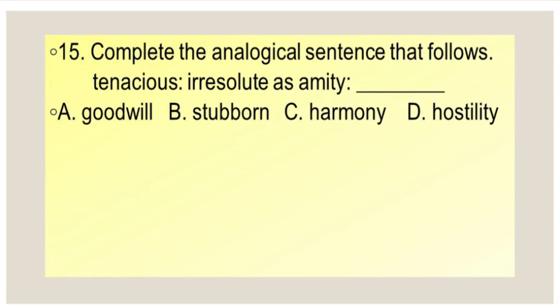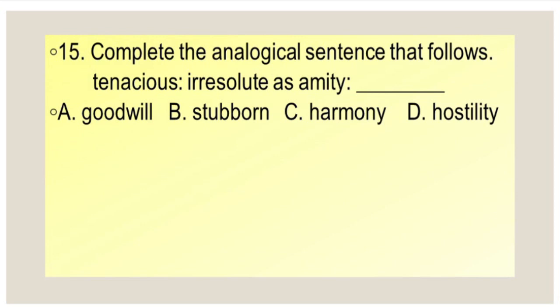Question number 15. Complete the analogical sentence that follows. Tenacious is to irresolute as amity is to blank. That is an analogy item. So it really helps if you are going to examine the relationship of the given words. Given words are tenacious and irresolute.